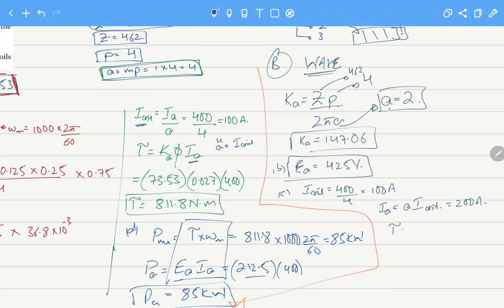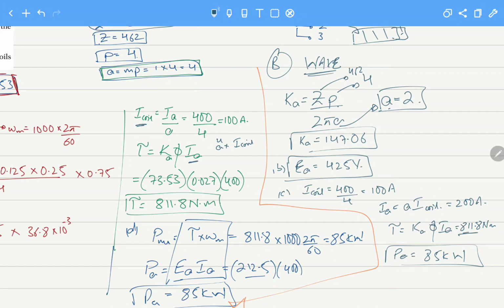So the induced torque will be Ka times flux times Ia, and the induced torque value can be calculated to be 811.8 Newton meters, and the power again will be 85 kilowatts. So the induced torque is the same, the power is the same.